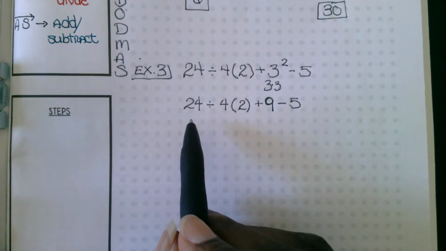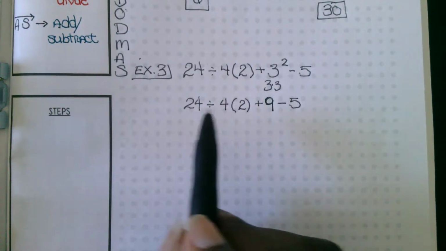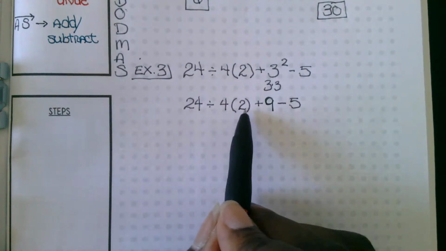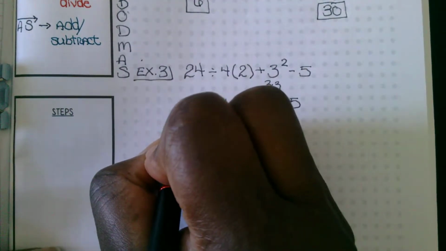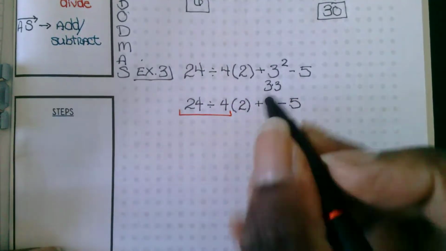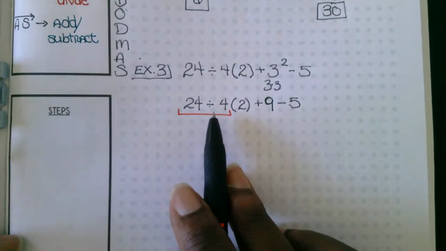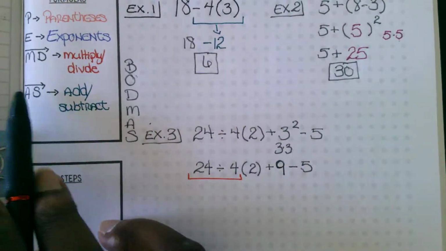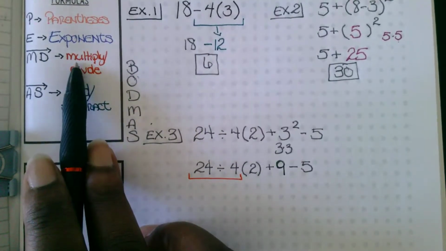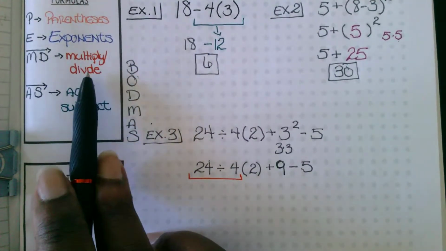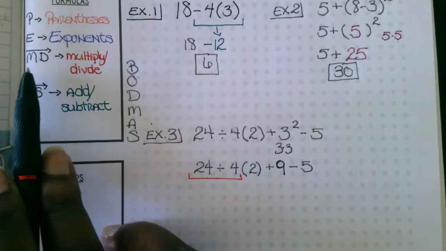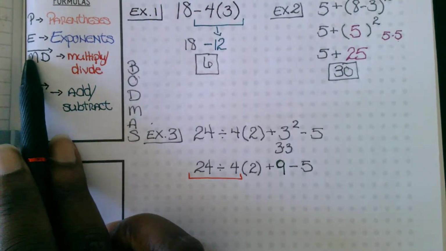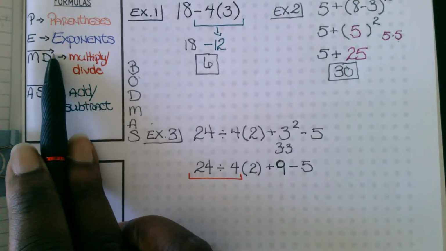So if we're trying to do multiplication or division from left to right, the first thing that I come across is my division. So even though it says MD, it really means multiplication or division, whichever is going to happen first from left to right.